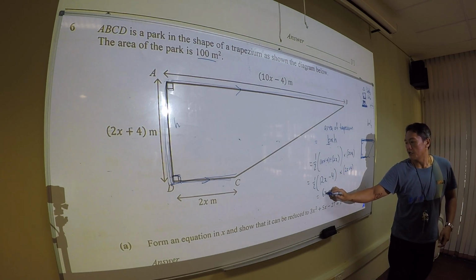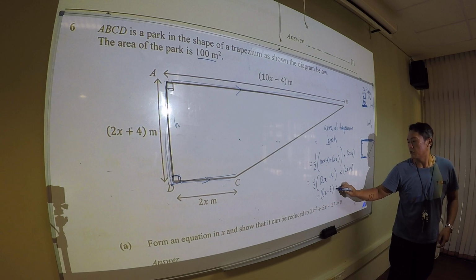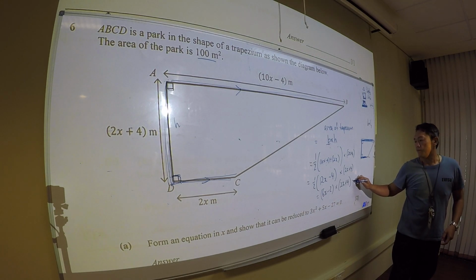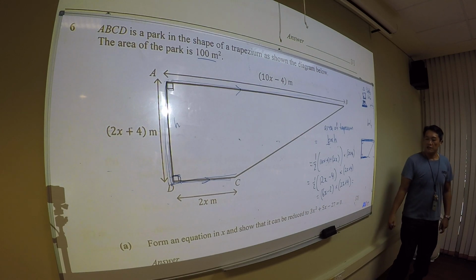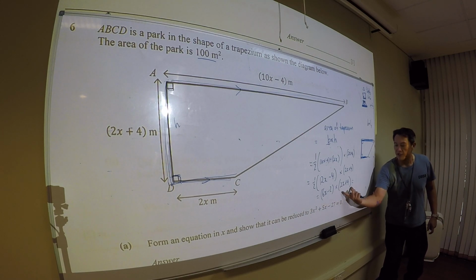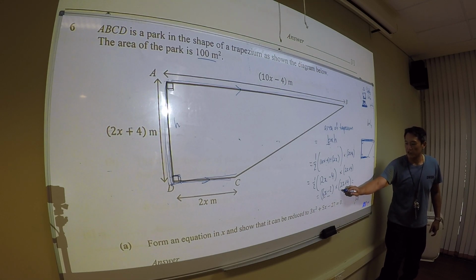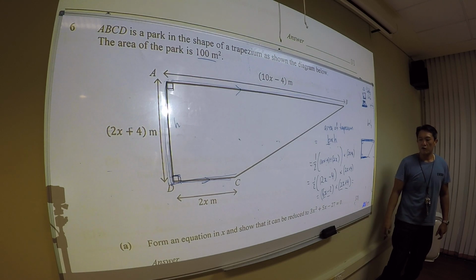So 6x minus 2 multiply 2x plus 4. Then again, bracket times bracket. Inside the first bracket, got 6x, got negative 2. Inside the second bracket, got 2x, got positive 4.